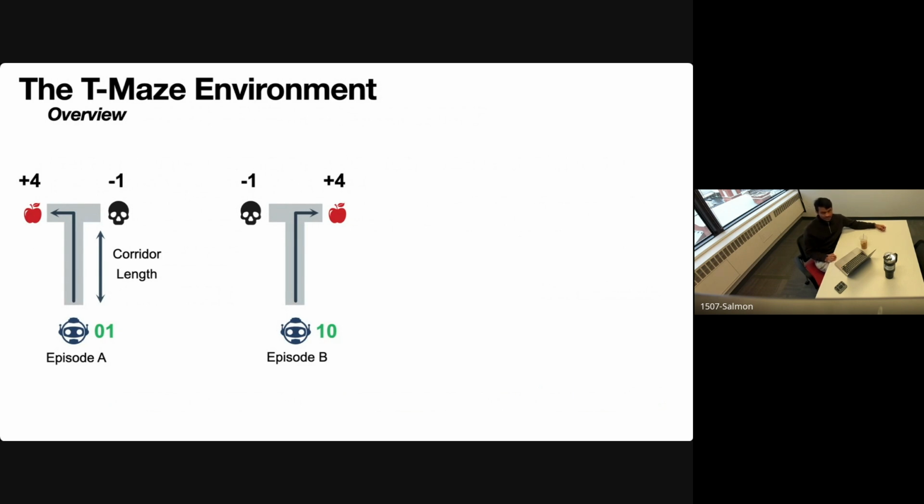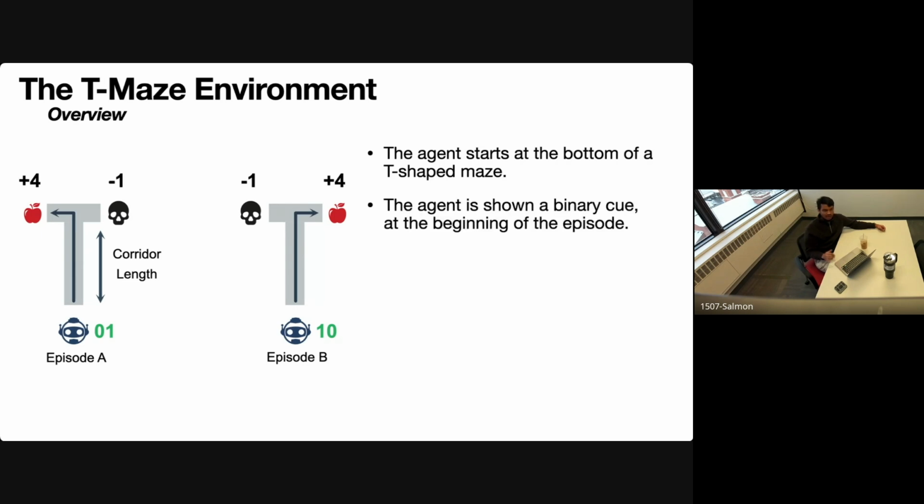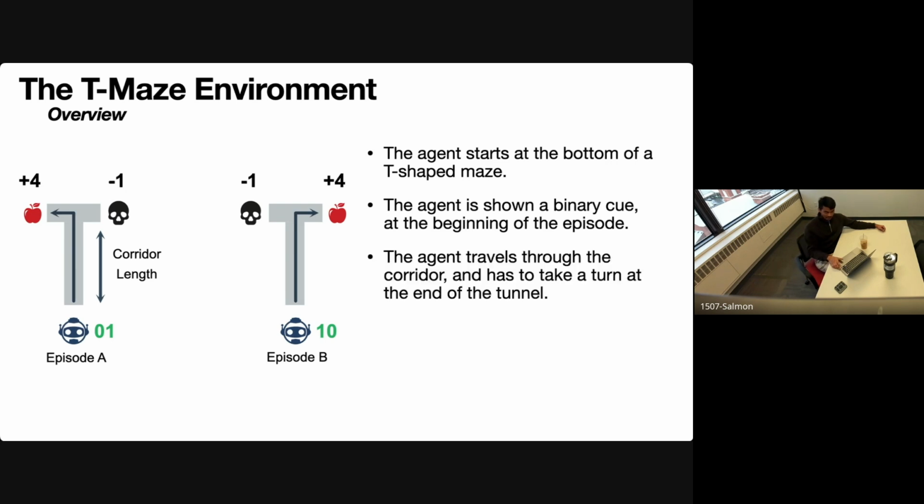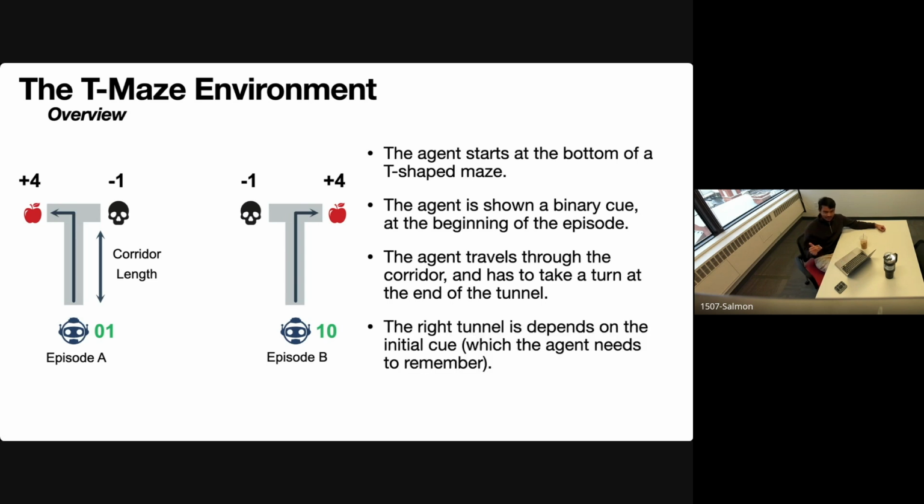In this T-maze environment, the agent starts at the bottom of a T-shaped maze, and the agent is shown a binary Q signal at the beginning of the episode. The agent then travels through the corridor and has to take a turn at the end of the tunnel, and the right turn the agent must take depends on the initial Q signal that the agent receives at the beginning of the episode.